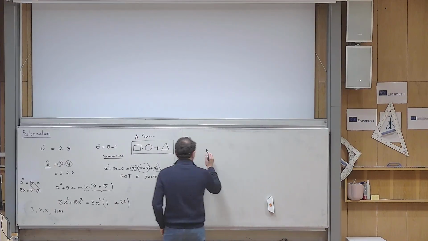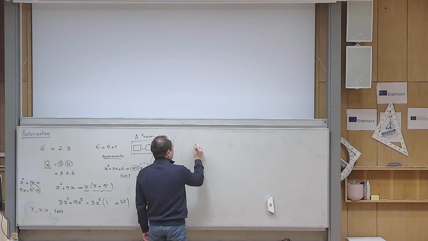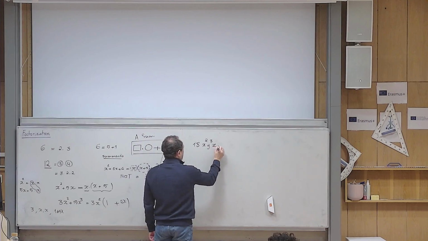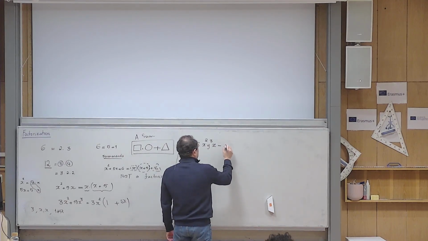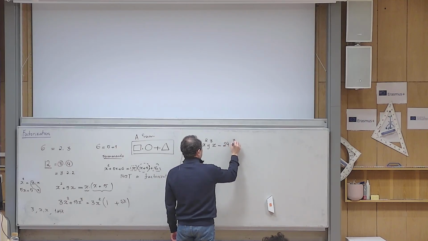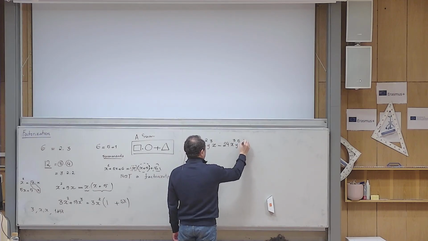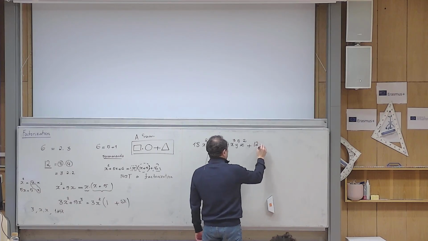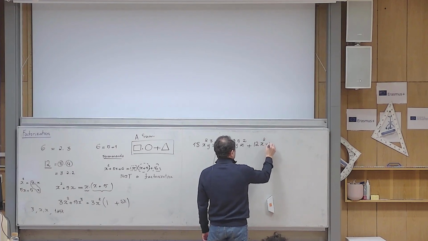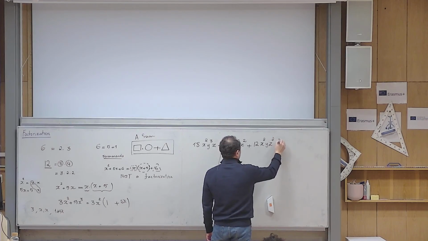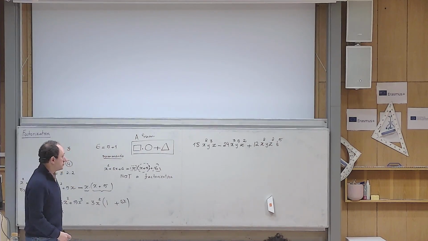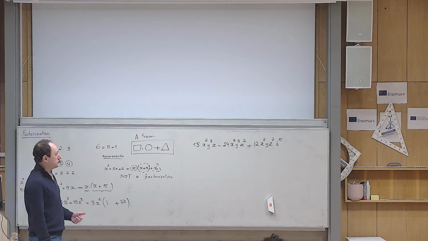If I ask you to factorize this, let me write 18 x squared y to the third z minus 24 x to the power of 3 y to the power of 5 z squared, and then plus 12 x to the power of 2 y z squared t to the power of 5. If I ask you to factorize this, it means write an expression with conditions.